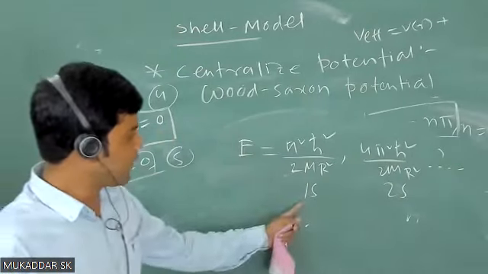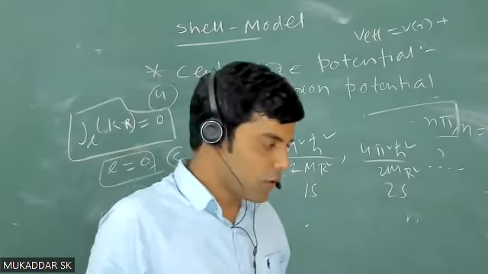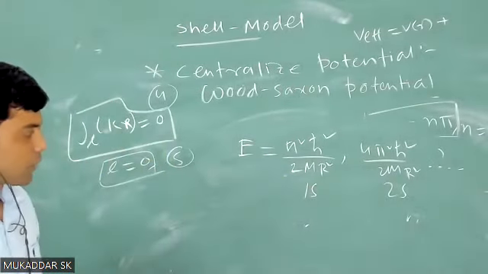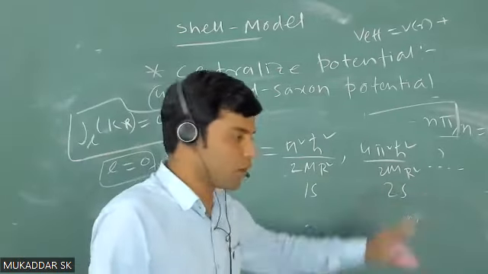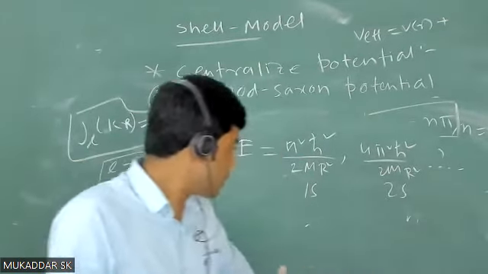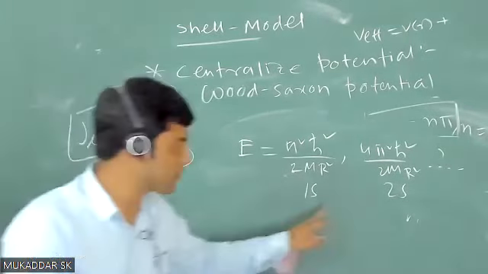But please keep in mind, the 1, 2 you are writing here is not the principal quantum number. There's no relation between n and l here. Here I'm writing 1, 2 and so on. In atomic physics you learn this is like a principal quantum number, but this is not true here. It's just an integer here.